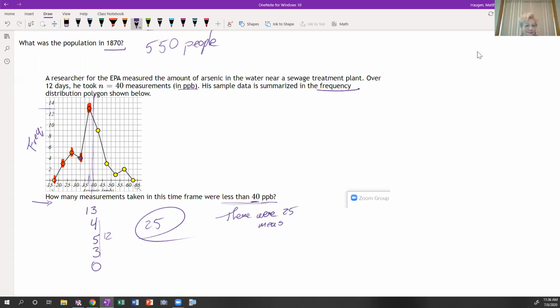Now, one of the things that the computer isn't real good at is making you answer things in context. Often it just has an answer and a block for you to put the number in. And in a lot of ways that's pretty bad for you.